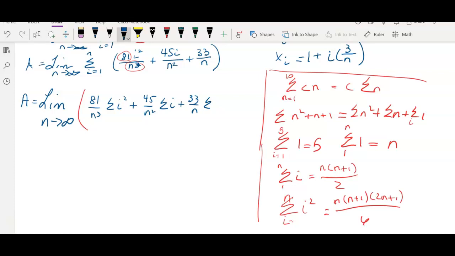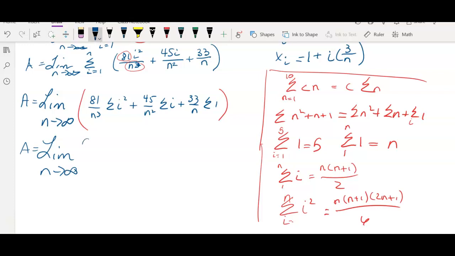A 1. Yeah, summation of 1 is basically what ends up being left. Now, as you can see, what we would end up doing is actually plugging in, and this is where you're going to be like, oh my God, that's an infinity sign. So what does this end up being?